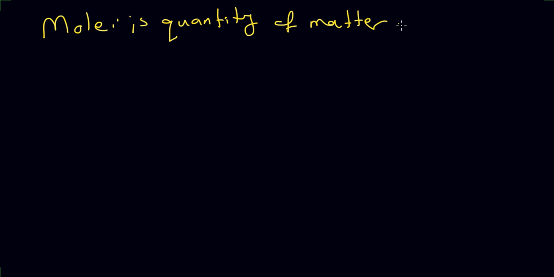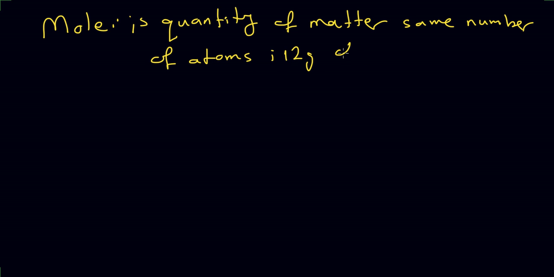So the mole is equal to the same number of atoms in 12 gram of carbon. Which type of carbon? Because we have more than one type of carbon: carbon 12, carbon 13, carbon 14.